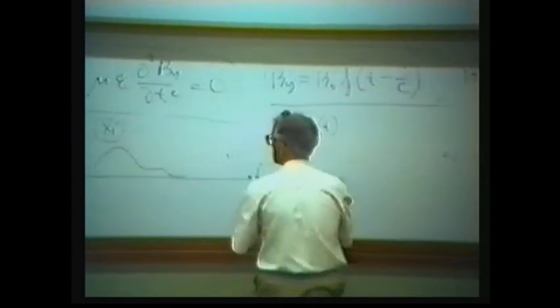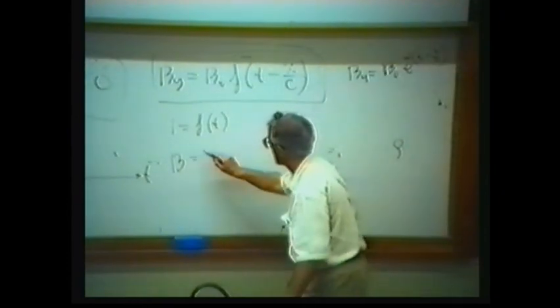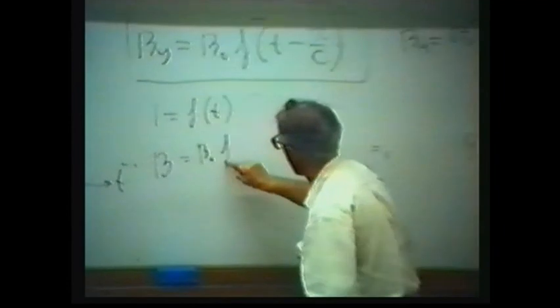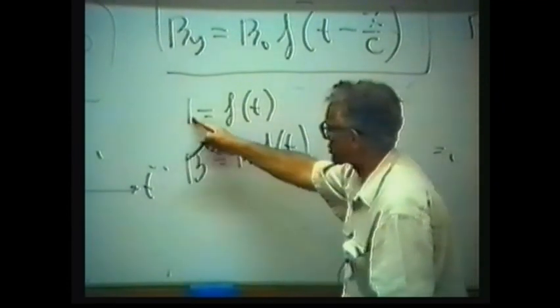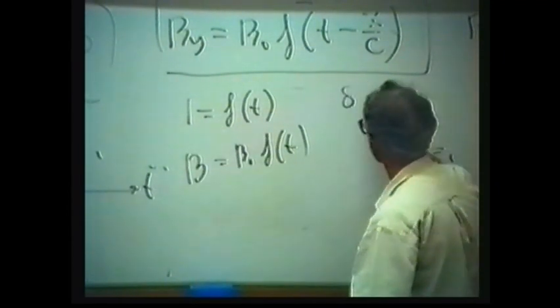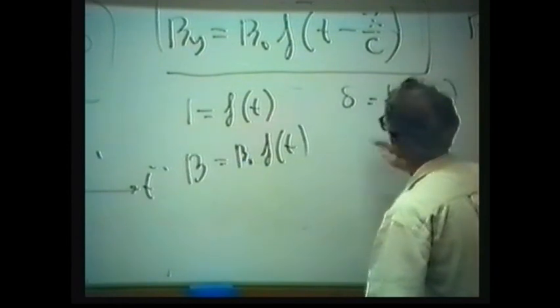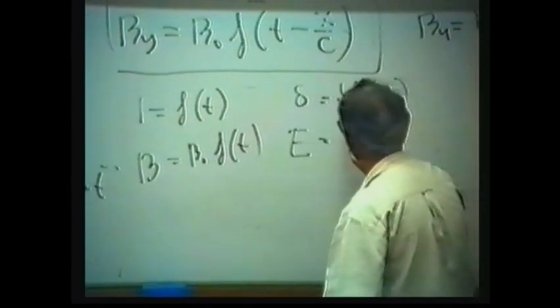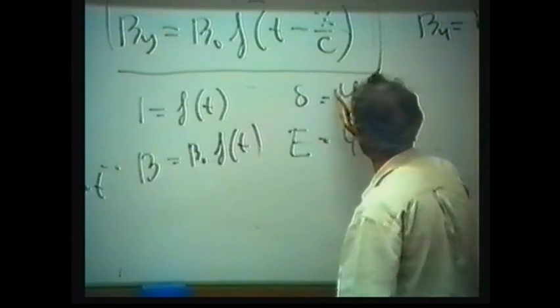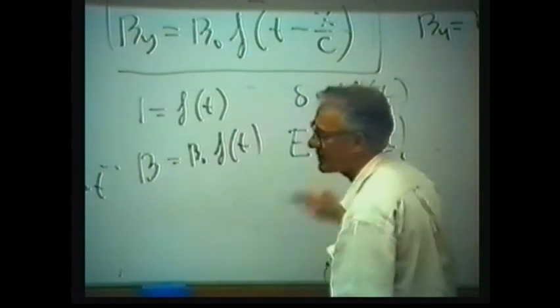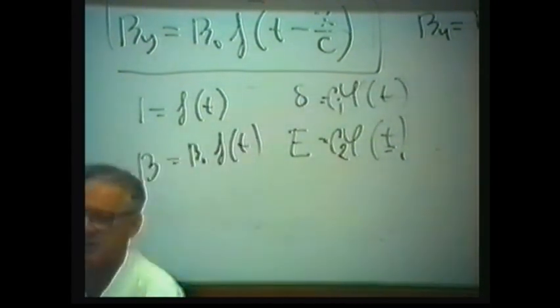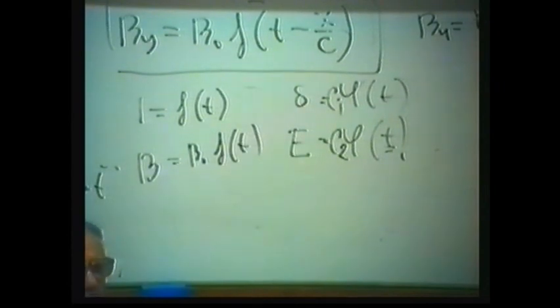Now, if we have some function F(t), the same for charges, phi(t), the electrical field, according to Coulomb's law, has the same function. So here is the phenomenon of propagation.